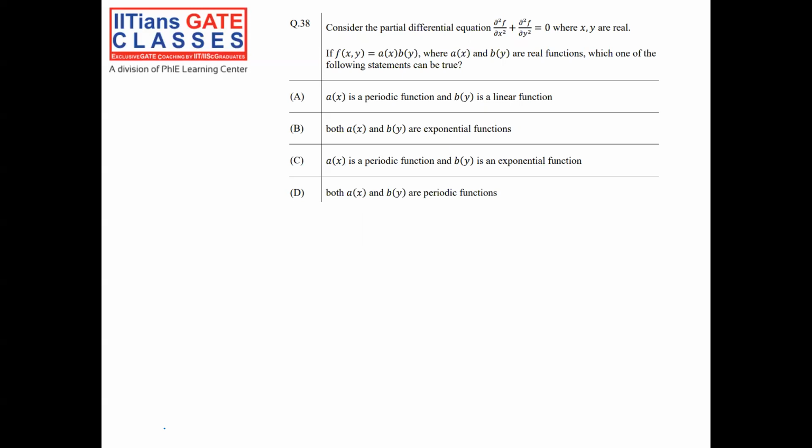Just by looking into the differential equation which they have given, this is a Laplace equation. Okay, dou 2f by dou x square plus dou 2f by dou y square equal to 0 is a Laplace equation.